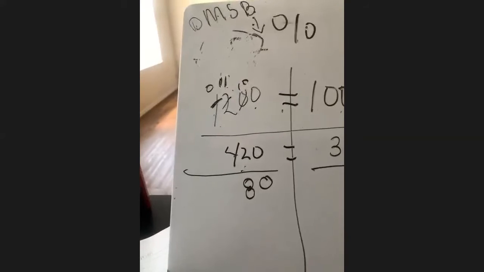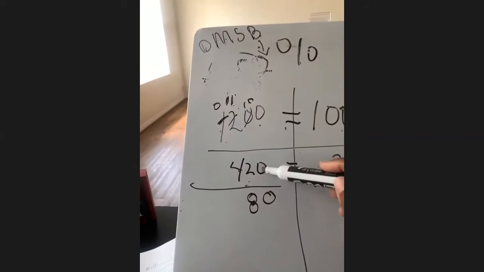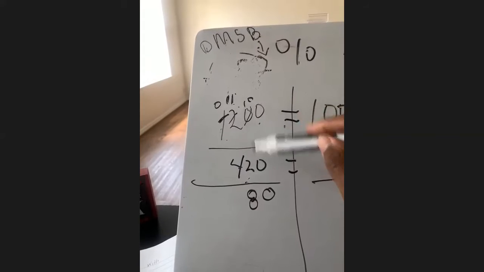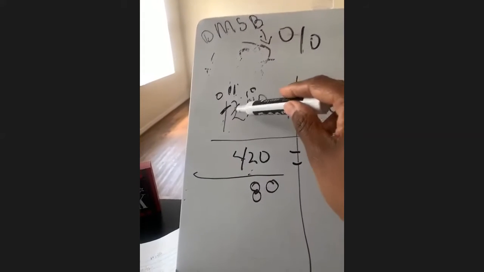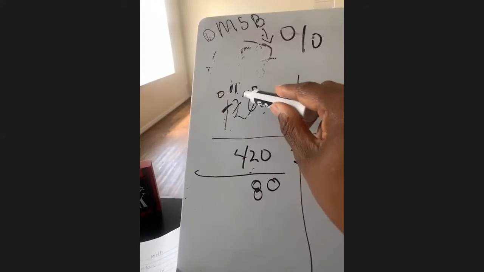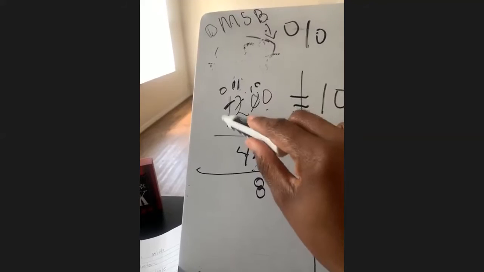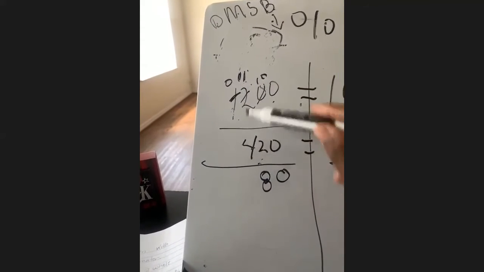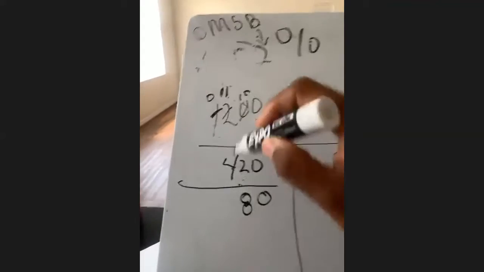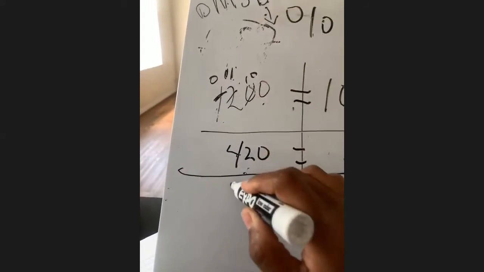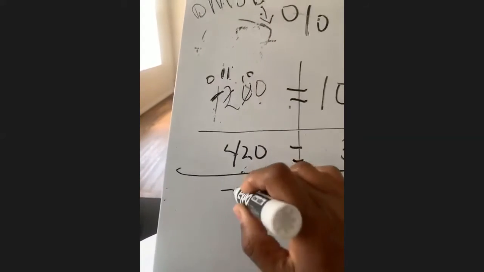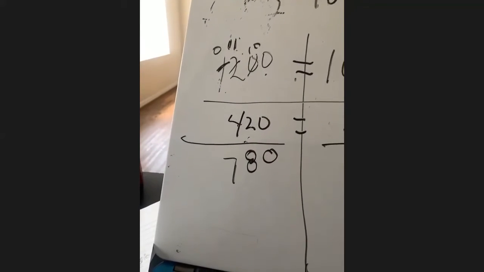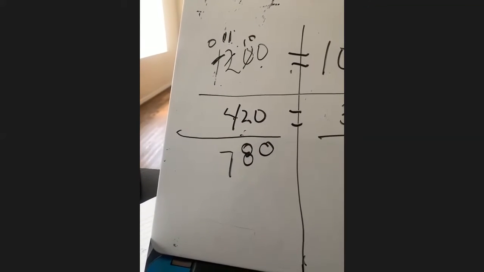See that? 2 from 0, you can't take, so you borrow, and that becomes 10. So anyway, we do the math, and that gives us $780 left after rent.